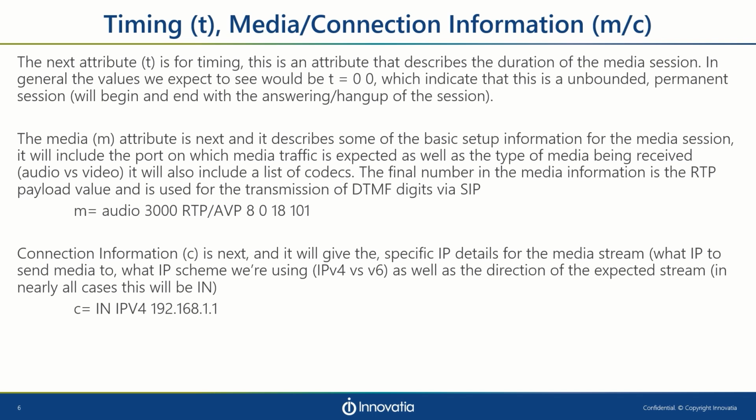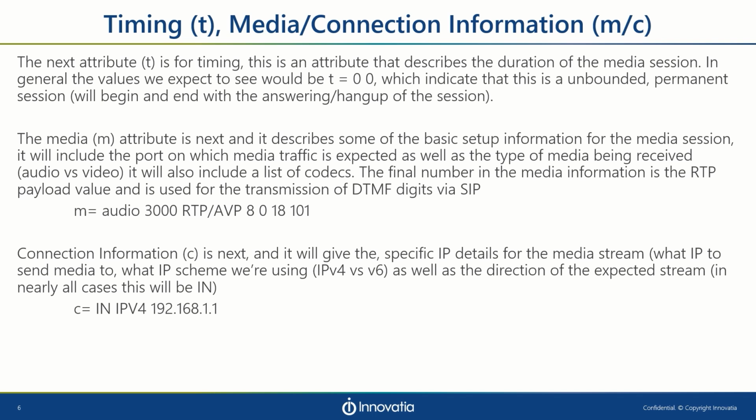The last number, the rightmost number on this line, is your RTP payload value, which is used for transmitting DTMF digits using SIP over an IP network. We will break down the media attribute in a little more detail in the next section.